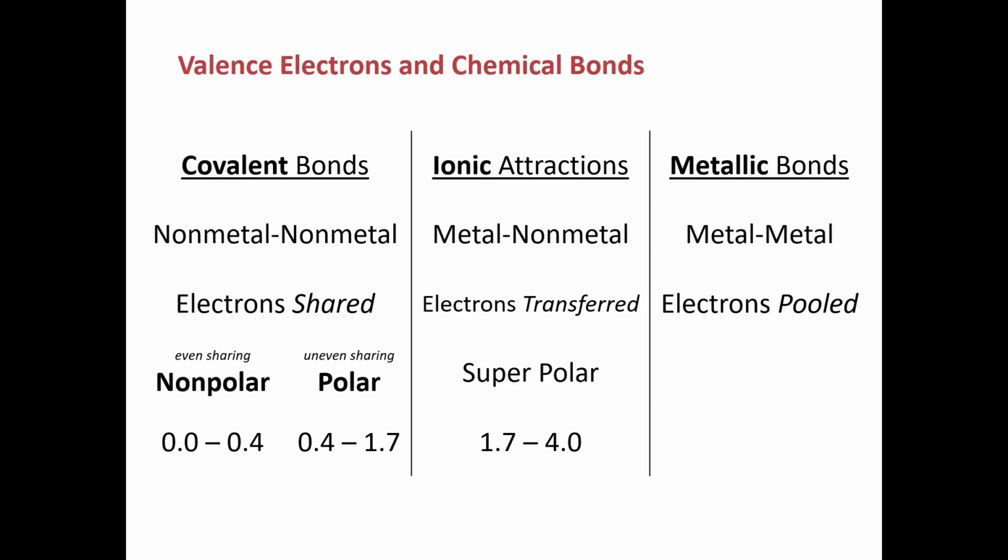Metallic bonds are between two metals, where there's no species that just needs a few more. All of the cations, all of the atoms have extra. So what they do to deal with that extra is they pull them all together and the electrons get delocalized. So the key things to take away from this slide are that covalent bonds are between nonmetals and other nonmetals.